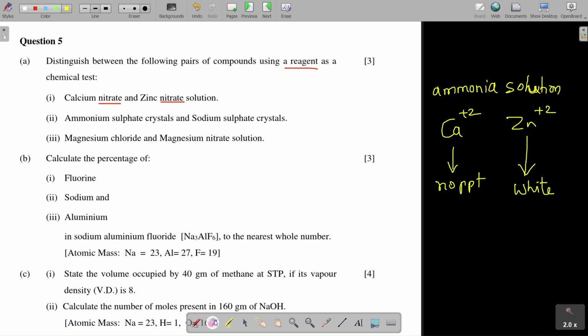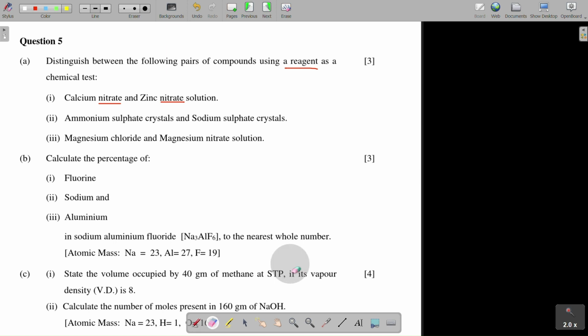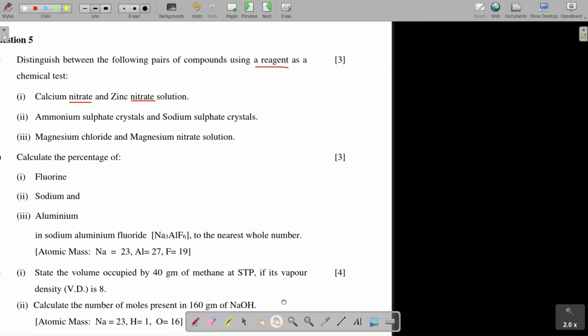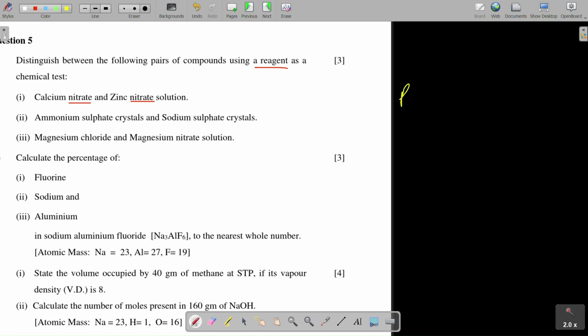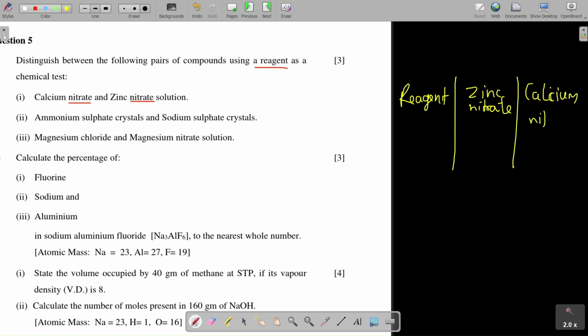But how do you write this? You can explain in sentences or you can also make columns. Here you can write three columns: reagent, zinc nitrate, then calcium nitrate. The reagent is ammonia solution, or you can write NH4OH solution.